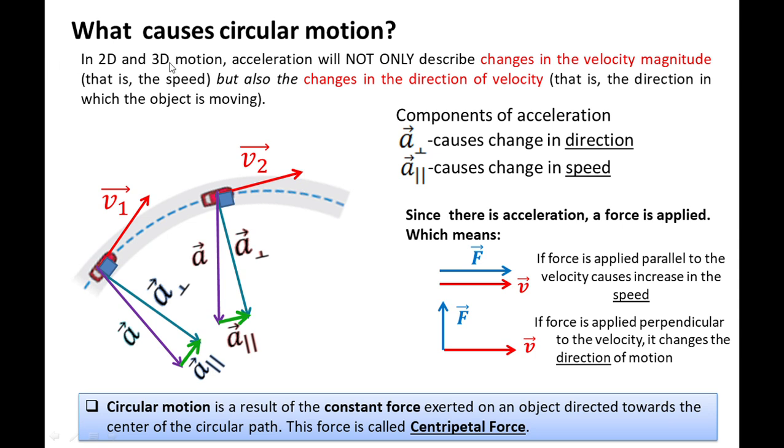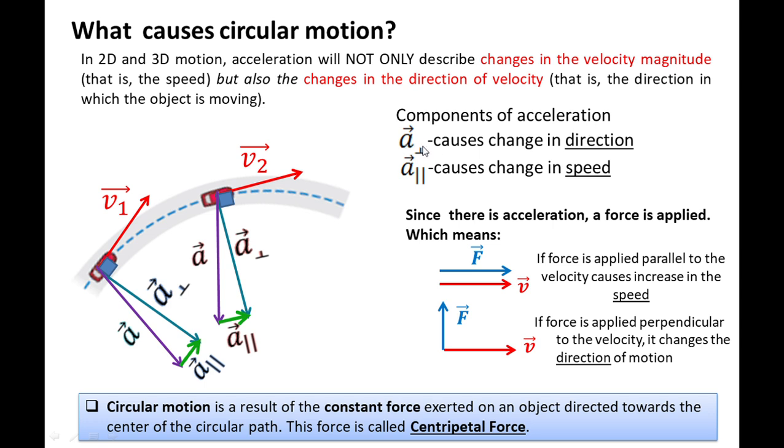Now, what causes the circular motion? So, in 2D and 3D motion, acceleration will not only describe the change in velocity, but it can also describe the change in the direction of the velocity, that is, the direction in which the object is moving. And you have learned in the previous slides that in circular motion, we have two components for the acceleration.